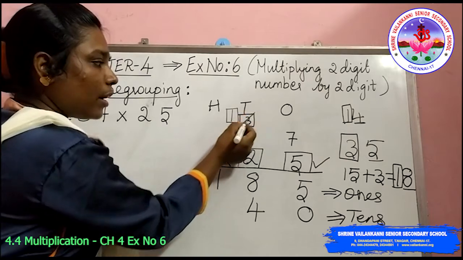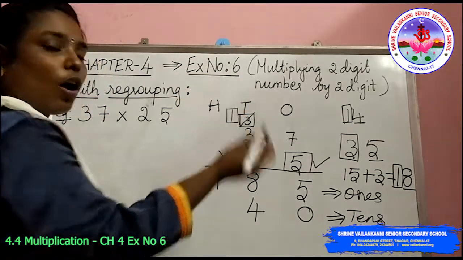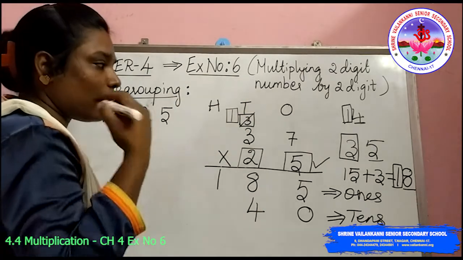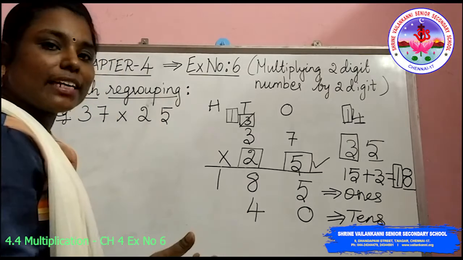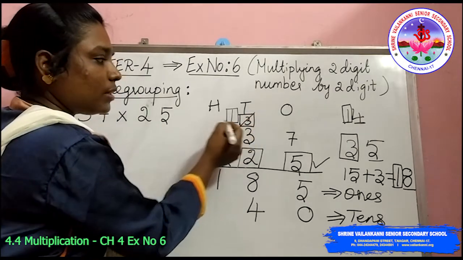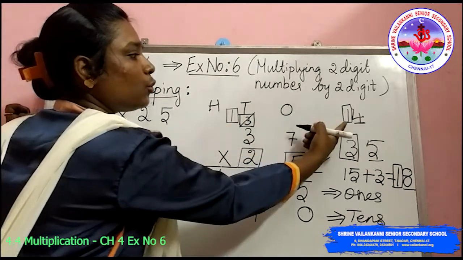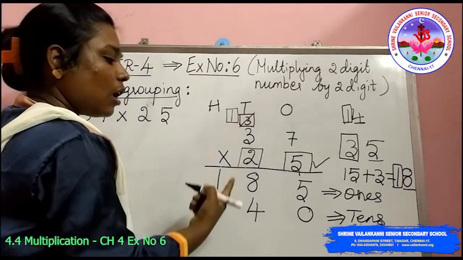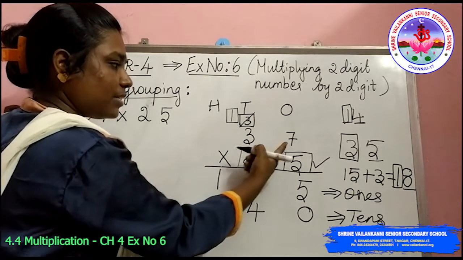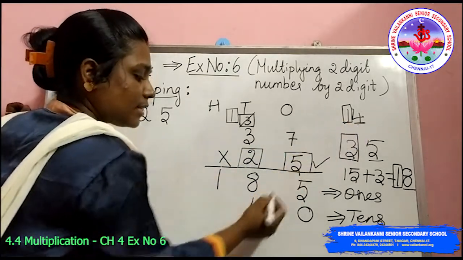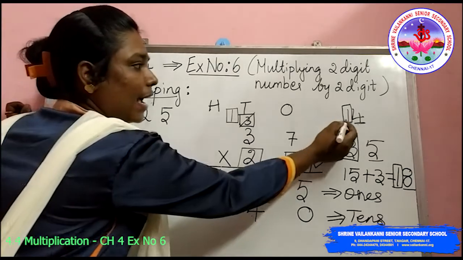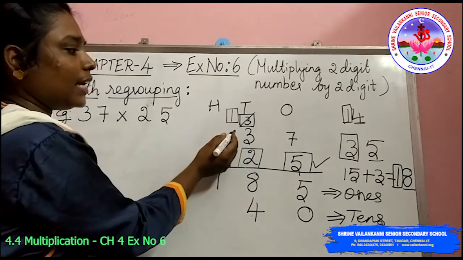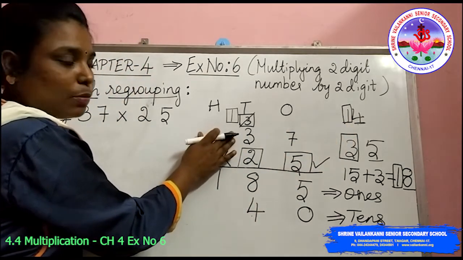If you give one cross to this, since you have already carried it forward and added it, then to not get confused you can give a cross to that number and write the new carry forward 1 here in the tens place. So after multiplying 2 into 7 gives 14, 4 has been written here and 1 is carried forward to the next place value.